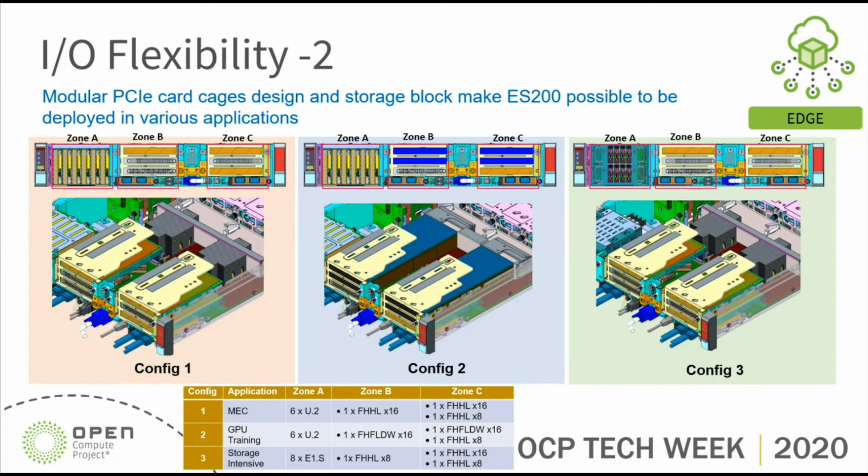The first one is MEC, we call it multi-access edge computing. The second one will support two pieces of double-wide PCI card, so this is also suitable for GPU training on the edge side. The third one will be equipped with 8 pieces of E1.S, providing higher storage bandwidth, so we call it for storage-intensive applications.